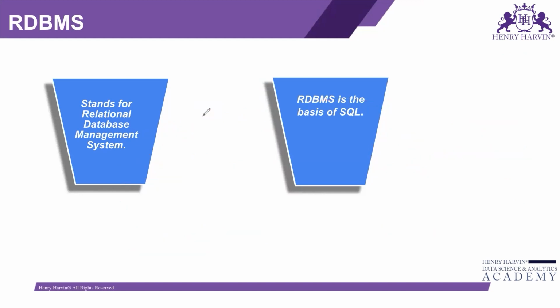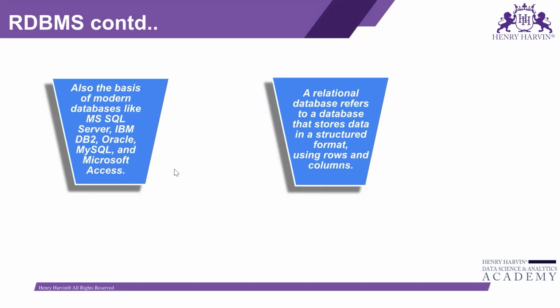But before we look at that, we've been able to define what the RDBMS is. Some examples of relational database management systems are MySQL, PostgreSQL, Oracle Database, Microsoft SQL Server, SQLite, and so on.